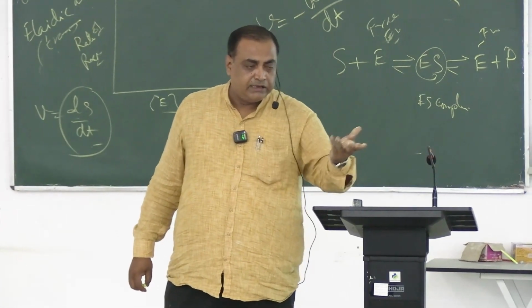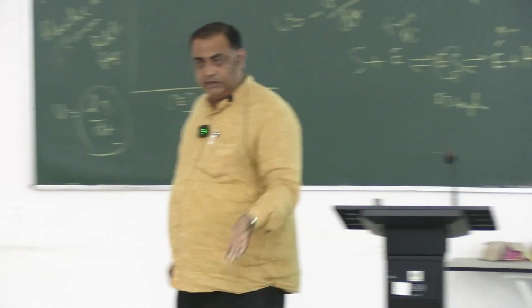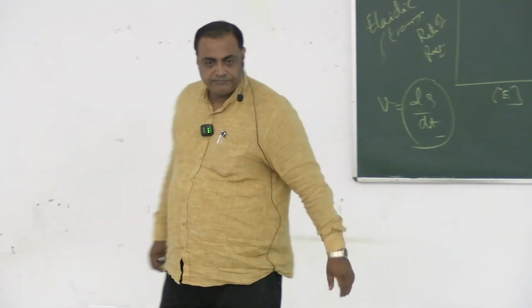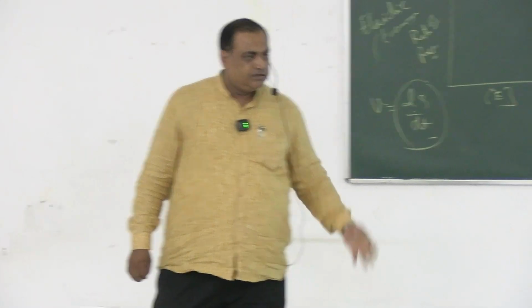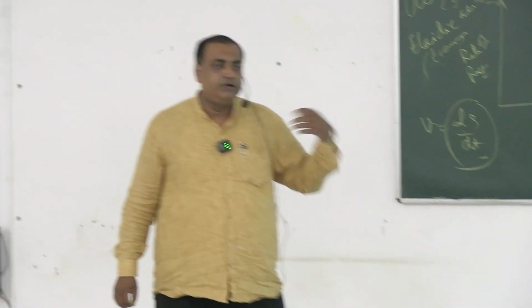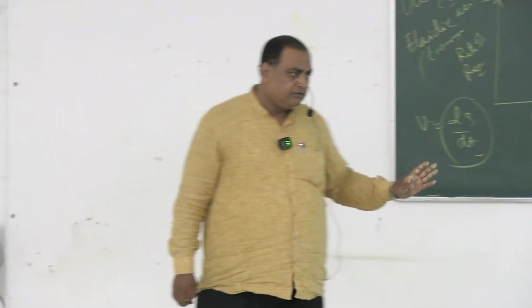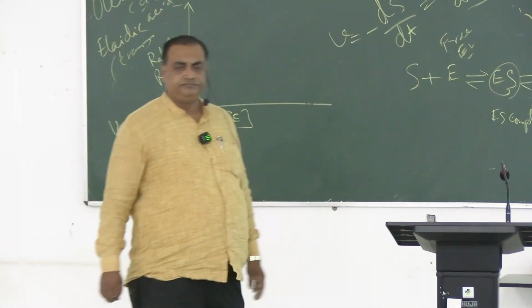In another reaction, estimation of AST, it is easier to monitor the substrate NADH. Correct? So it depends on the type of reaction what we are following, which one to take. Whatever is easier to monitor, we will take that. So whatever it is, in both the cases, V stands for rate of the reaction.